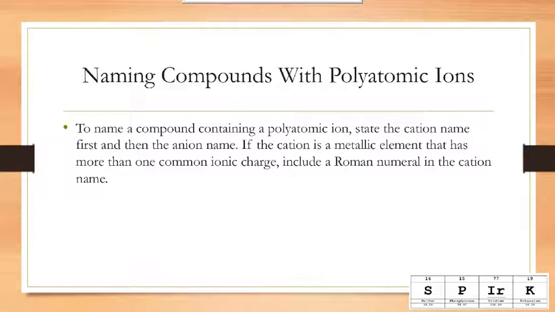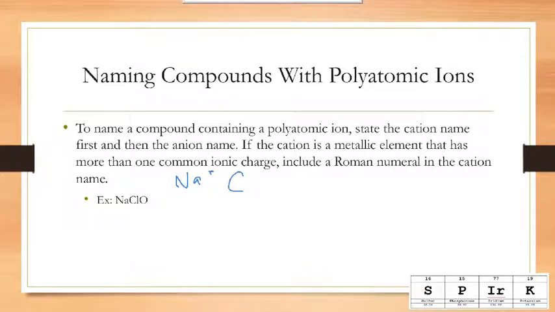To name a compound containing a polyatomic ion, we state the cation name first and then the anion name. If the cation is a metallic element that has more than 1 common ionic charge, we include a Roman numeral in the cation name. For example, we have NaClO. So we know that these 2 ions are Na+ and ClO-.